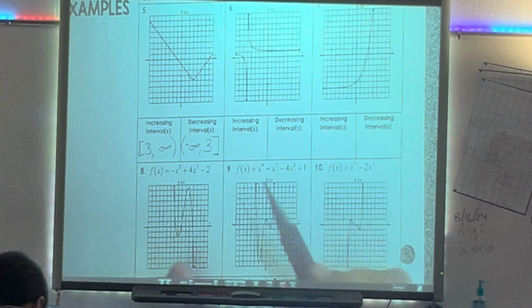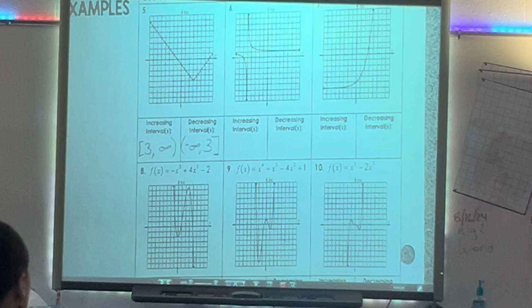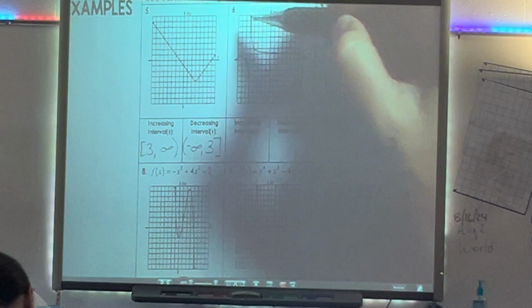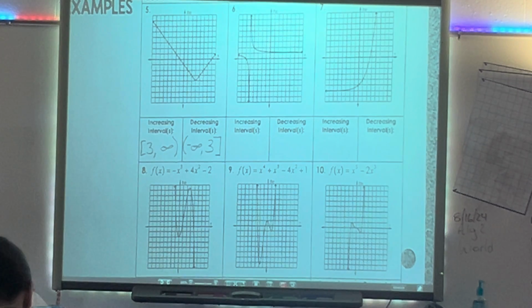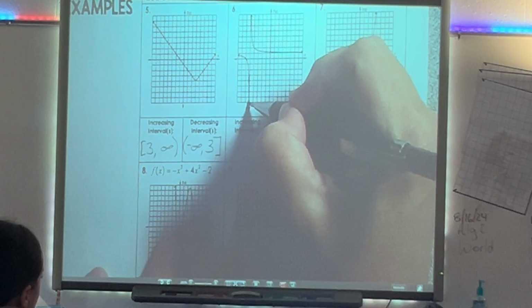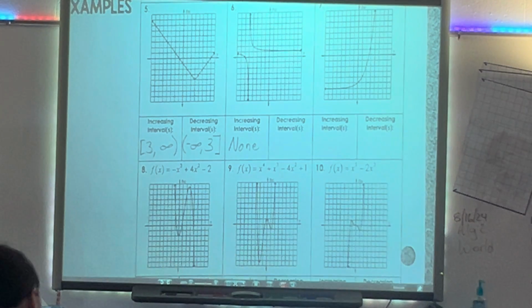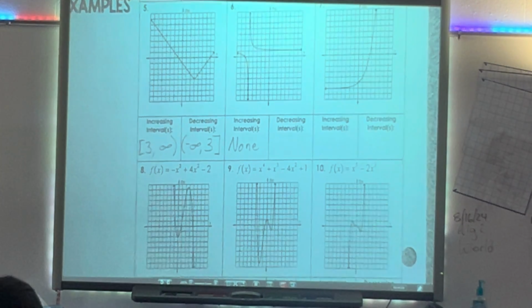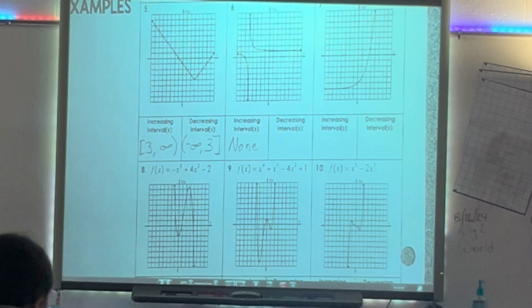This one right here is a rational function, so it has an asymptote here and here. Even though sometimes it's not super obvious, when you see a function like that, you have to know those asymptotes are gonna be there. This is going down here, and this is coming down here, so it never increases. Everybody okay that it never increases? Since it never increases, I've gotta write a union on the decrease.